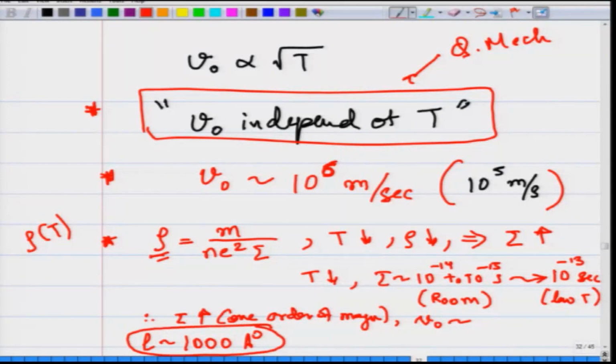This is no longer the spacing between ions inside the metal. The spacing between the ions inside the metal is about 1 to 10 angstroms, but the electron is moving over distances much larger than that, and it can scatter over distances much larger than the spacing between the ions.